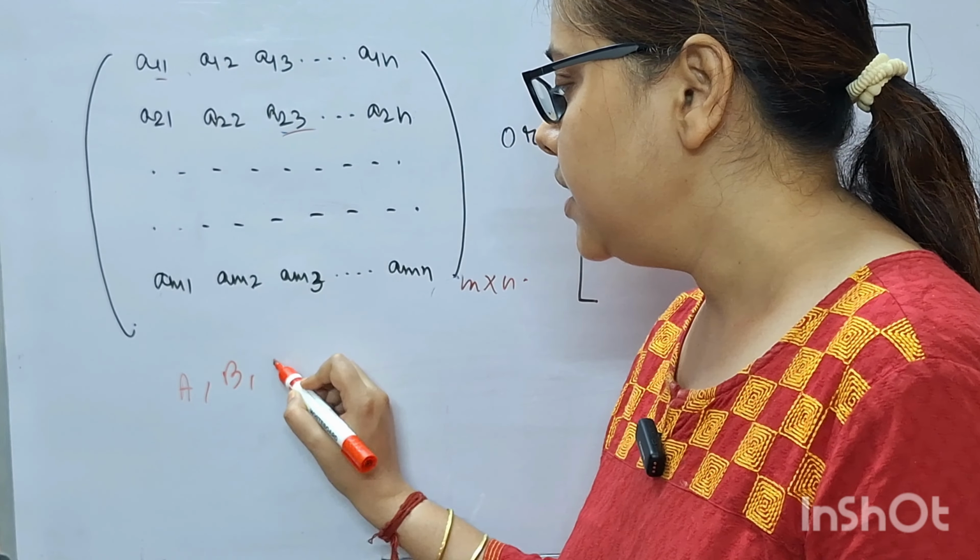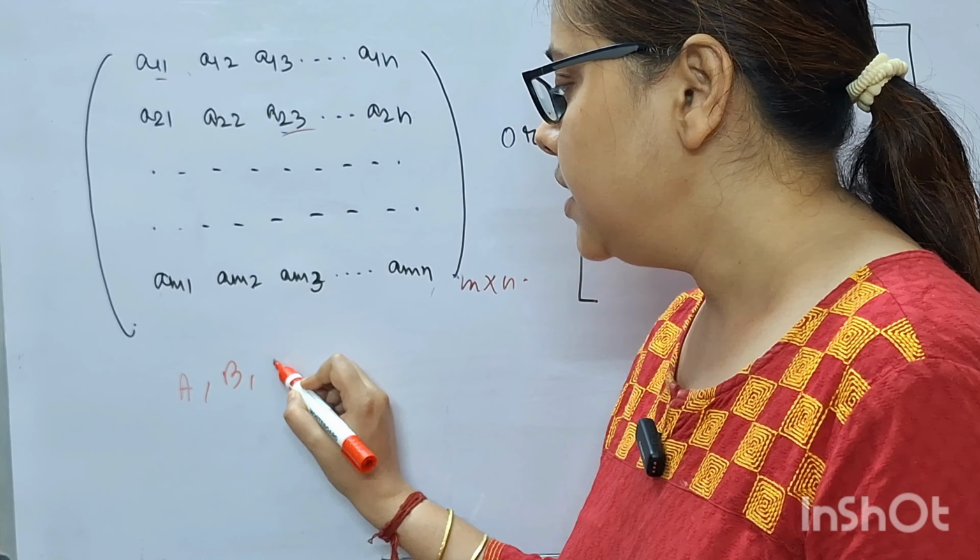This is a diagonal matrix because this is a square matrix, the order of the matrix being 3 by 3, same number of rows and columns, and all the elements other than the diagonal elements are 0, and diagonal elements may or may not be 0. Then this is a diagonal matrix.